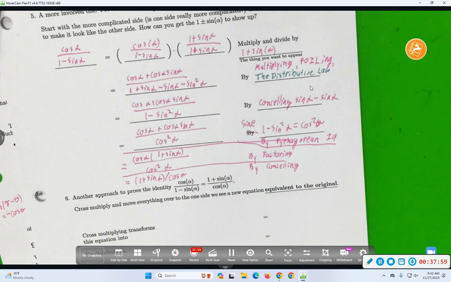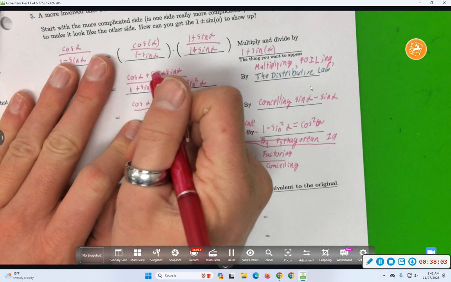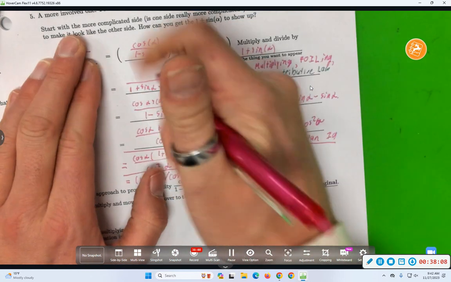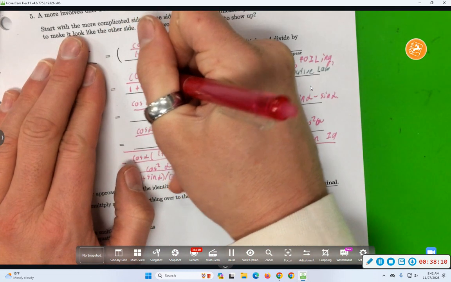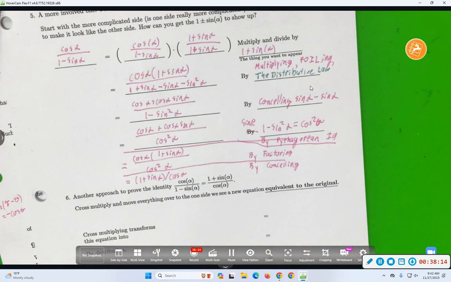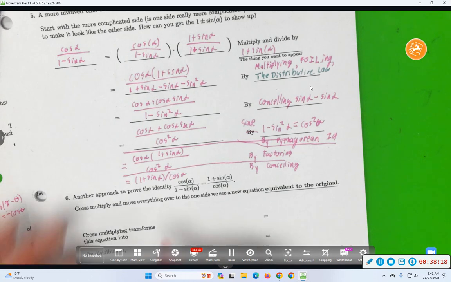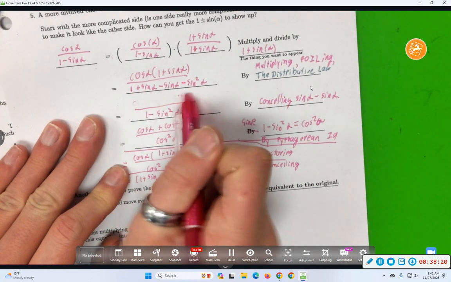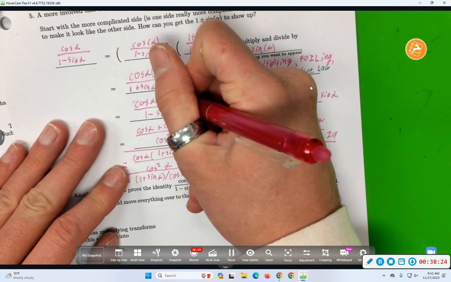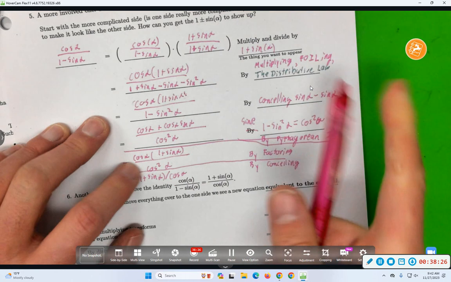So here's where I'm going to take advantage of the fact that I have an erasable pen. It turns out I know what I want now that I'm at the end of the proof. Cosine alpha, 1 plus sine alpha. Let's just not distribute the numerator out. It didn't help me anyway. Next step still, cosine alpha, 1 plus sine alpha.